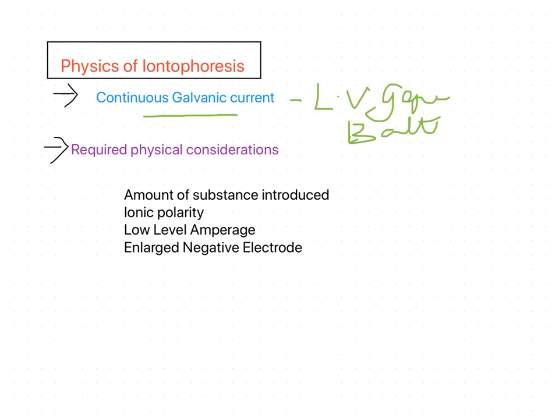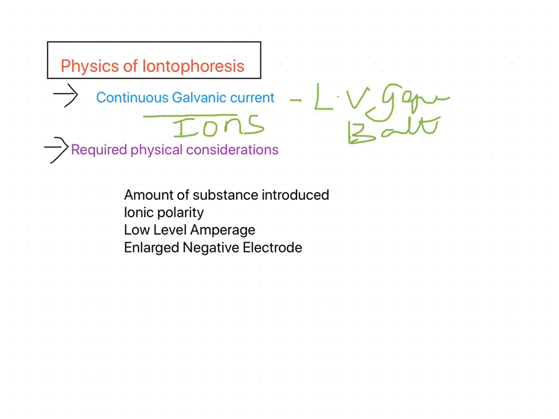The treatment is not the direct current itself but the ions introduced. So it depends not only upon the continuous galvanic current but also upon the ions which we introduce into the skin. These are the two main factors involved in this physics.